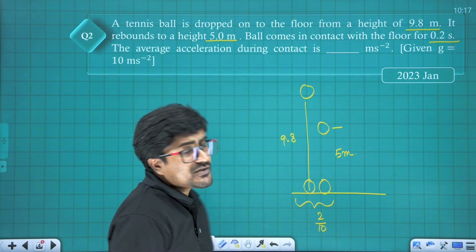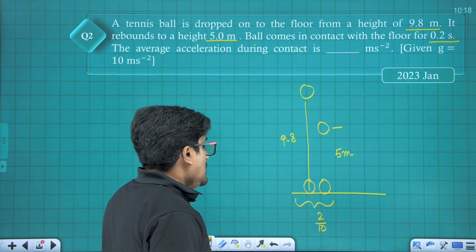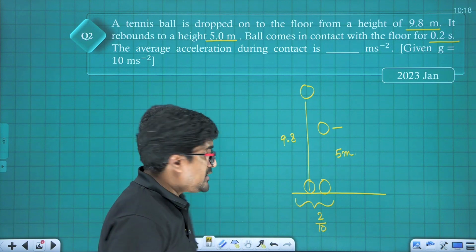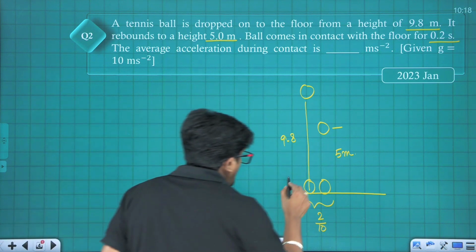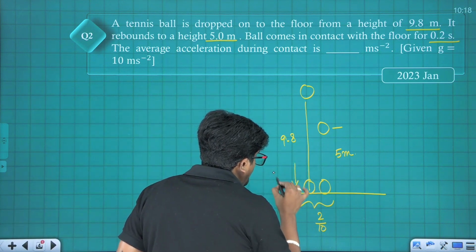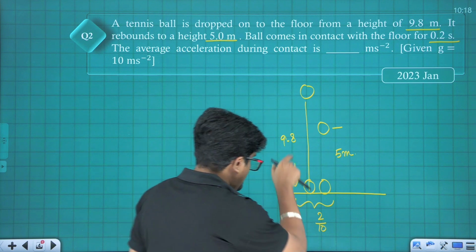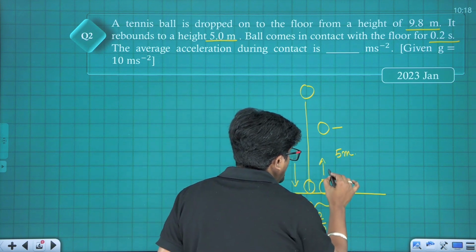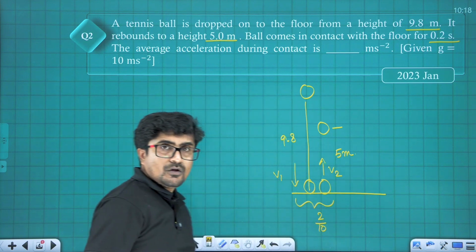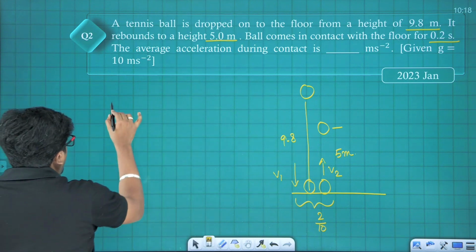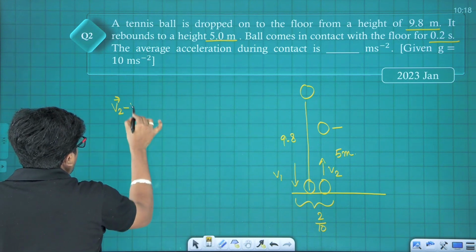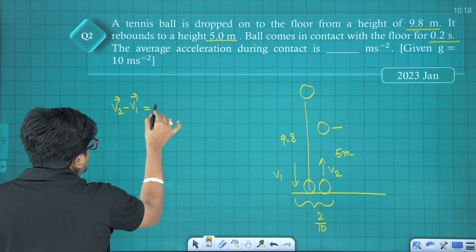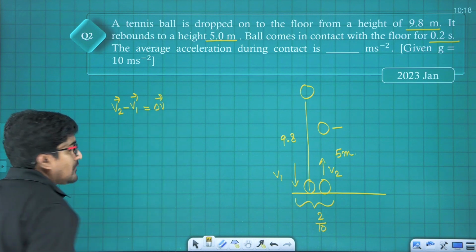What they want to know is the average acceleration. To know the average acceleration, the key concept is: once the ball comes here, the velocity is v1, and once it goes back, the velocity is v2. Final velocity minus initial velocity, that is v2 vector minus v1 vector, is delta v vector.